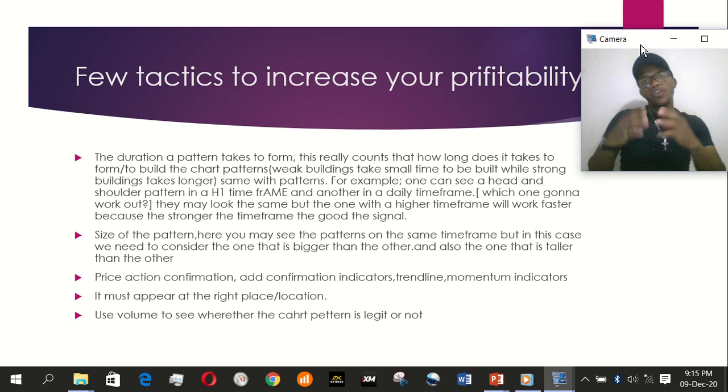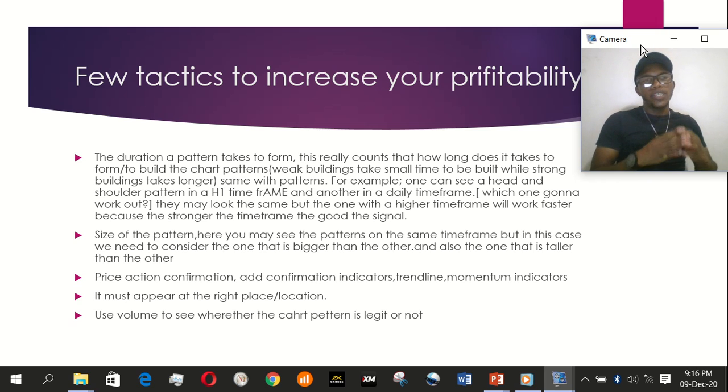Whenever you are analyzing, price action confirmation should be ideal. You must add confirmation indicators. You must add some trend lines, momentum indicators. The pattern should appear at the right place or location. Some patterns need to appear at the end of the trend, some need to appear at the beginning of the trend.